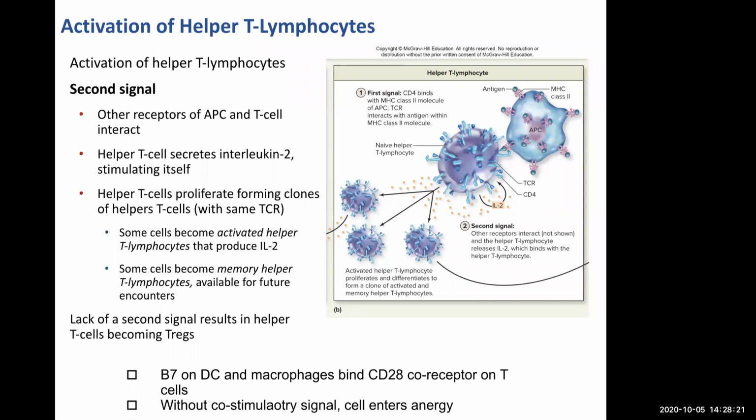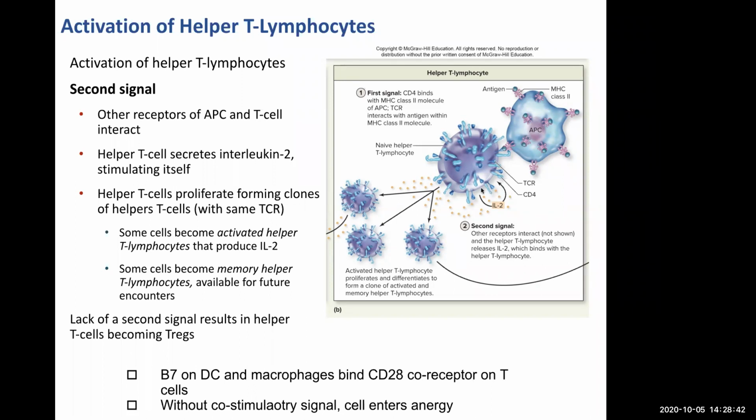So the IL-2 is secreted after this T helper cell has recognized its antigen in the context of MHC2 on the professional antigen presenting cell, stabilized by CD4. It's gone on for a bit, and so this T helper cell becomes activated and starts to secrete IL-2.